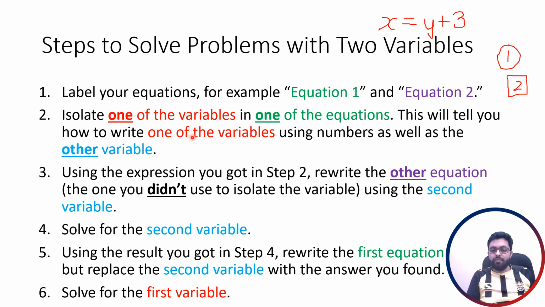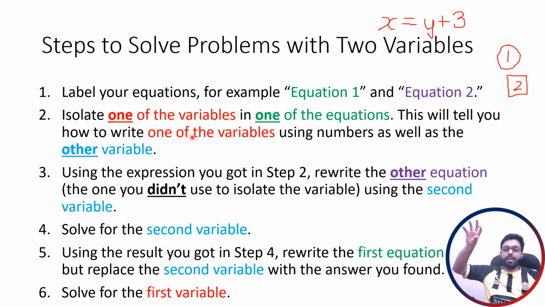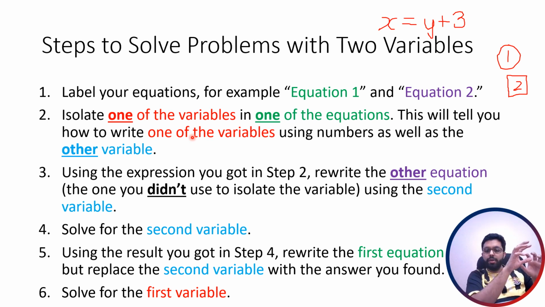So there's a little bit of a back and forth. You isolate x in equation 1, then you go over to equation 2, do some math, and get an answer for y. Then using that answer for the other variable, you come back over to this equation and figure out what x is. But all in all, it ends up being about a 6-step problem.